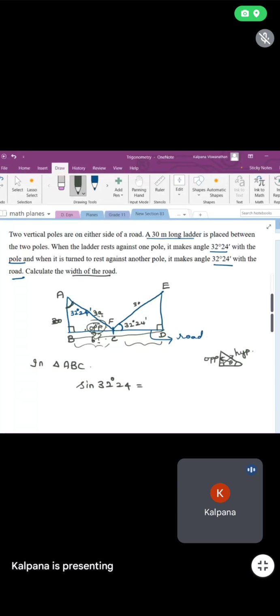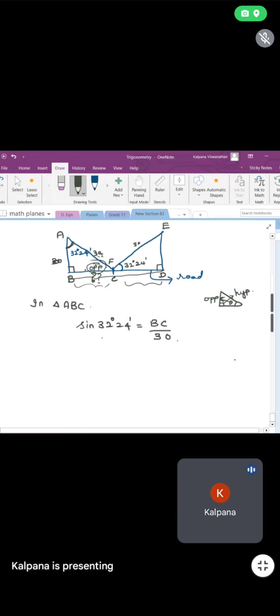Sine 32 degree 24 minutes is equal to sine theta is equal to opposite by hypotenuse. So BC by 30. Now what is the value of sine 32 degree 24 minutes? 0.5358. Take your trigonometric table, take the natural sines, and from there you have to find the value. Yes, dear, tell me the answer. What is the value of 32 degree? Two different answers I am getting.